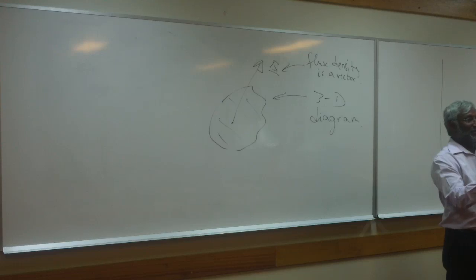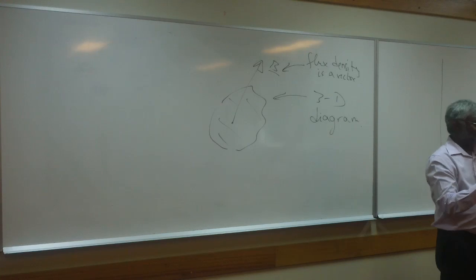On the other hand, if the flux density vector was this way, then you're not going to have as much flux associated with that area. If the flux density was like that, then there's plenty of flux density, but the amount of flux is actually 0 for this area. So you have to be careful.